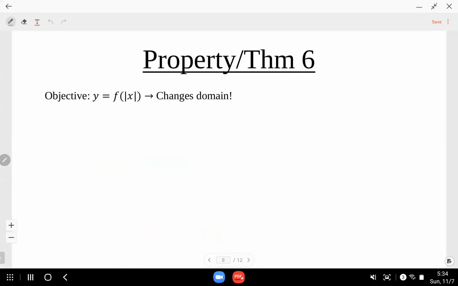All right, so this is our last property, and this actually changes the domain because it directly affects x. So let's do this. y equals f of the absolute value of x. I'm still too lazy to write anything down, so you're going to write things down.